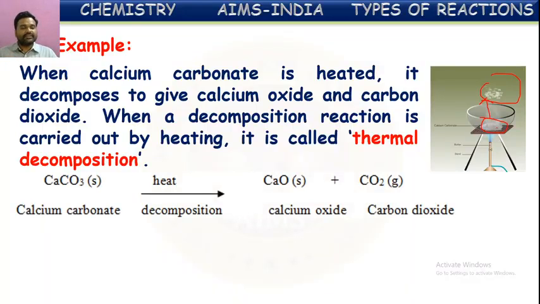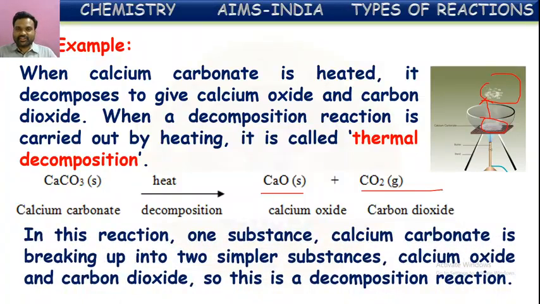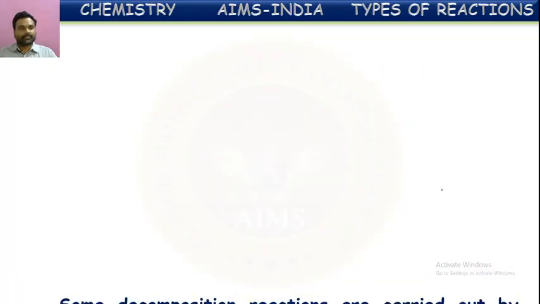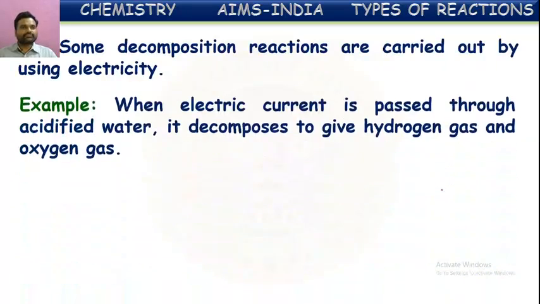So we can write the equation: calcium carbonate on heating, or by thermal decomposition, forms calcium oxide and carbon dioxide. In this reaction, one substance, calcium carbonate, is breaking up into two simpler substances, calcium oxide and carbon dioxide. So this is a decomposition reaction. Decomposition means separating into simpler substances, simply to say. Let us see one more example.